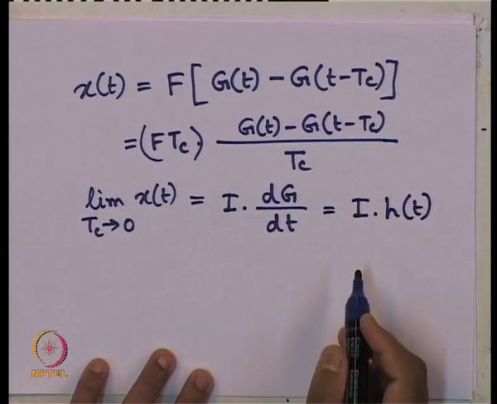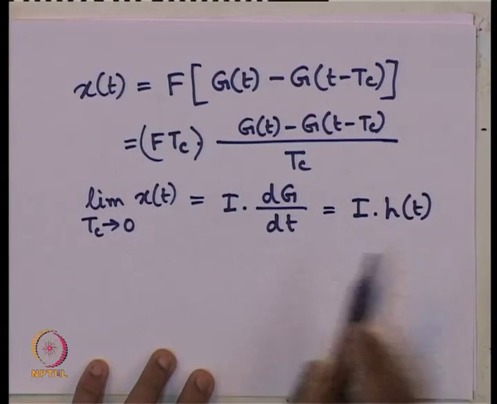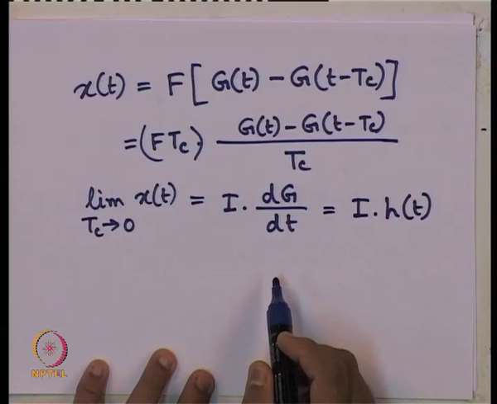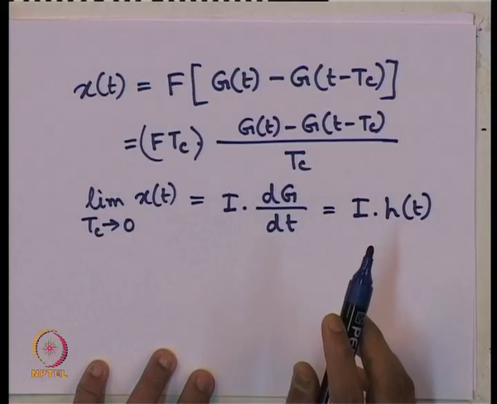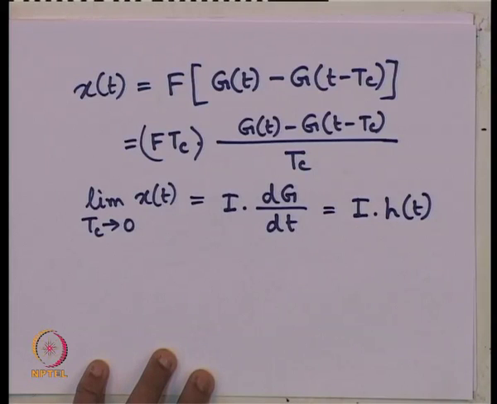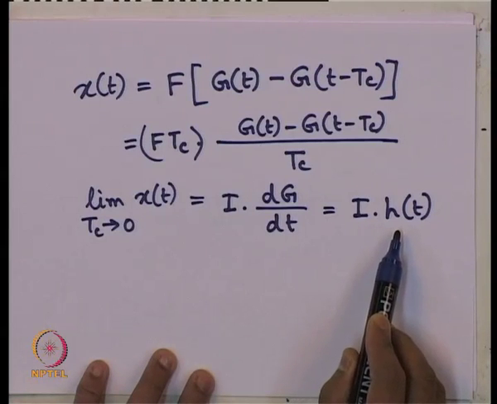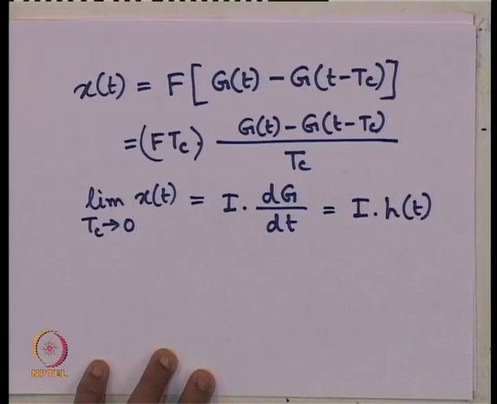H of t is the output or response for an impact load of I. So, what does it mean? If the applied force is impact load of magnitude I, then the response is I times h of t, and if the impact load is unit, then the response is called just h of t.